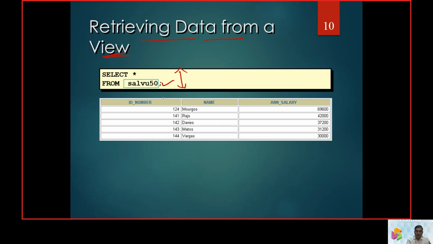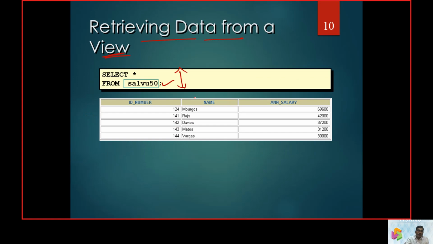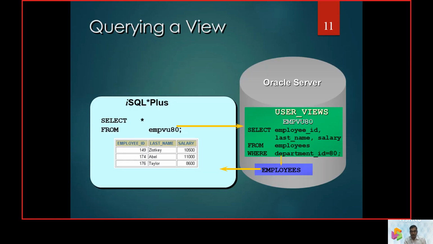Whoever is assigned to the salary view, that is for department number 50, we created a salary view. For the entire salary view, you can see here annual salary, name and ID, whatever aliases we have given, the same names are going to be built up, and we get this only for the salary view table of 50.